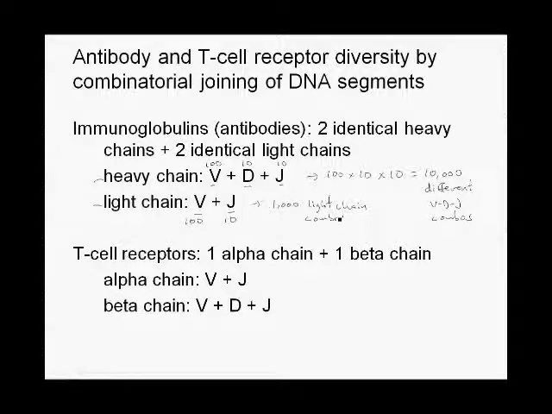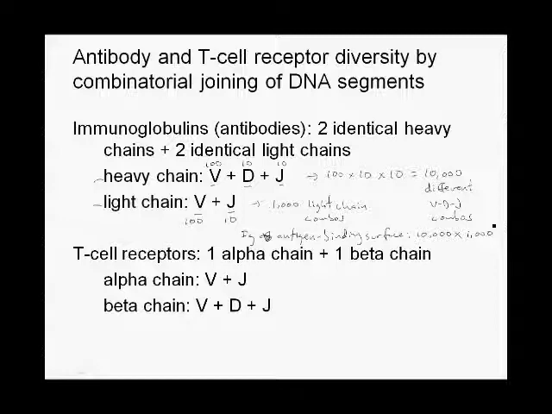Then remember, an antigen binding domain or an antigen binding surface consists of both the heavy and light chain. So an IgV, or an immunoglobulin antigen binding surface, consists of 10,000 heavy chains in combination with 1,000 light chains.